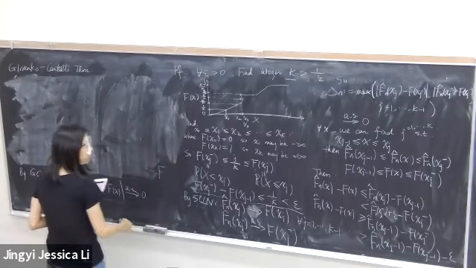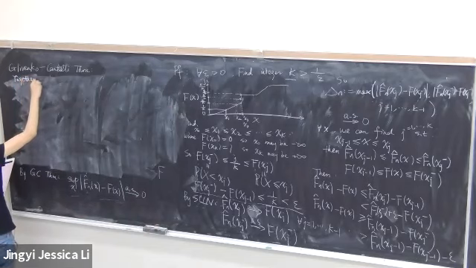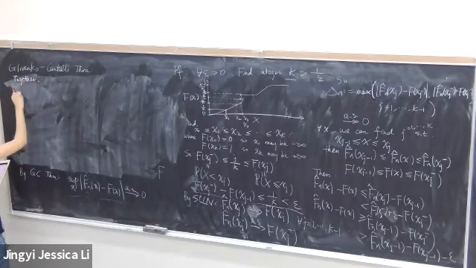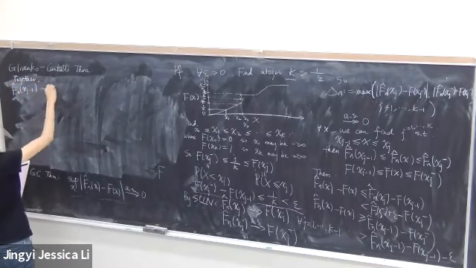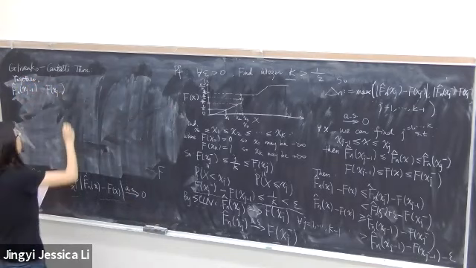So you see together, what I have is fn hat xj minus 1 minus f xj minus 1. Their arguments are matched.